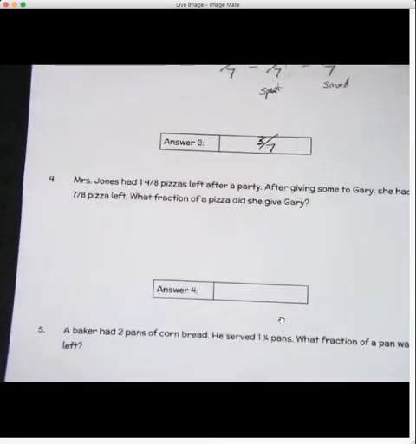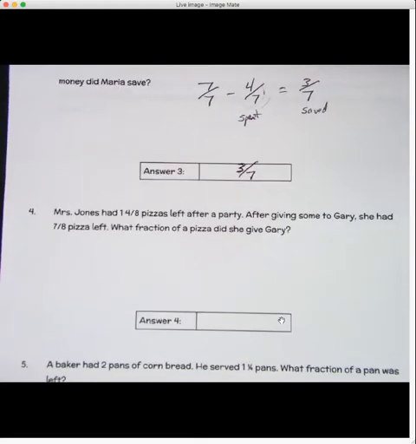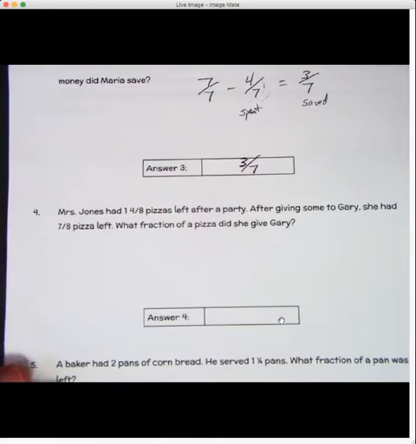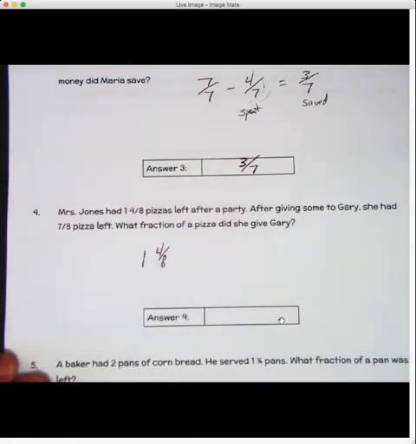All right, next question. Miss Jones had 1 4/8 pizzas left after a party. After giving some to Gary, she had 7/8 pizza left. What fraction of pizza did she give to Gary? All right, so she's got 1 4/8 of a pizza. So how many slices does she have altogether?